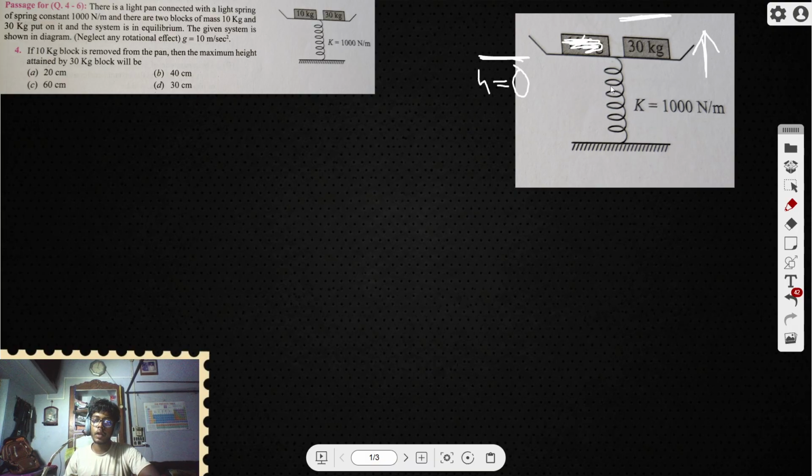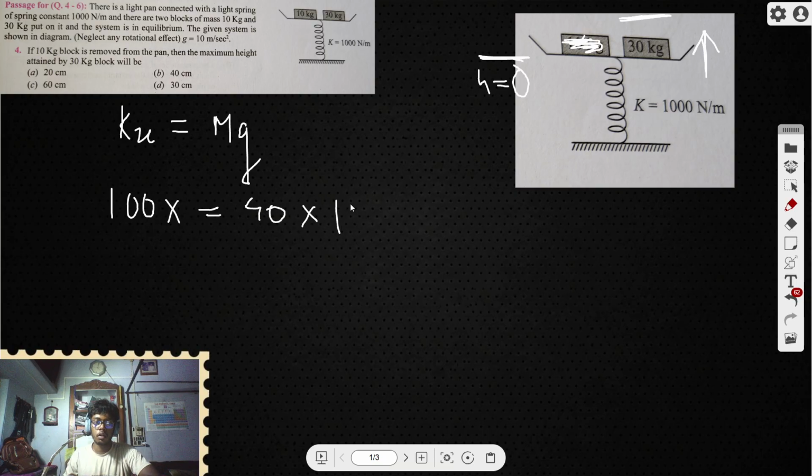For the compression, we know that kx equal to mg. In our case k is 1000, x we have to find, and m is 10 plus 30, that is 40, and g is 10. So x will be 0.4 meter. This is the compression in the spring.